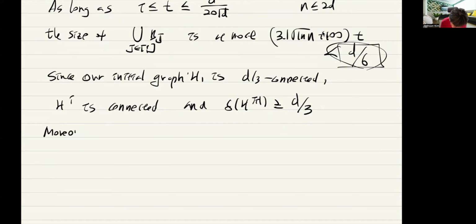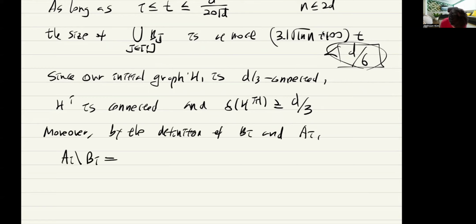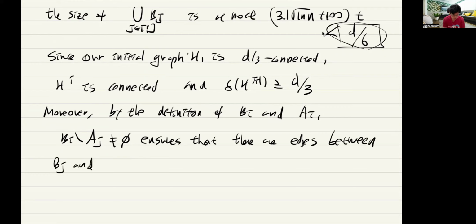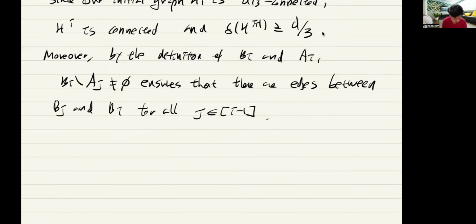And finally, by the definition of B_i and A_i, this B_i, delete A_j if not empty, ensures that there are edges between B_j and B_i for all j in previous ones.